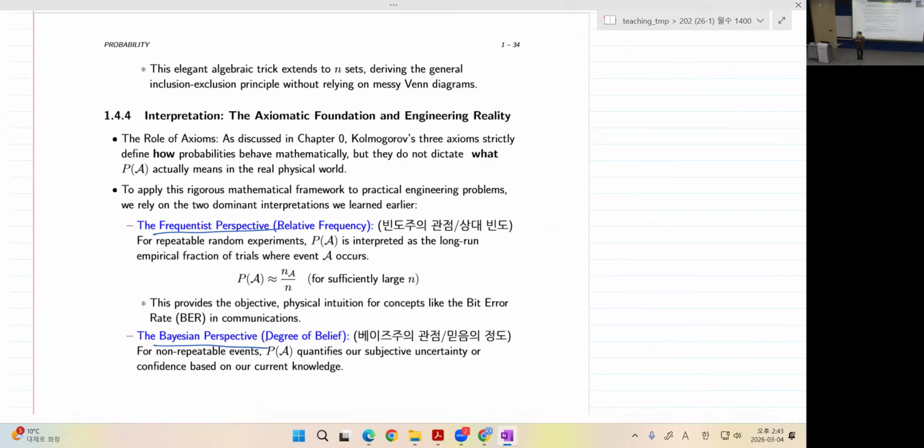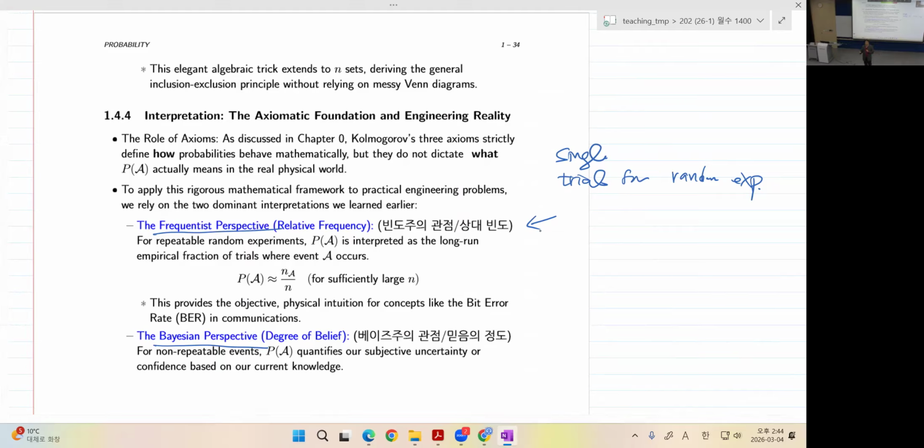And the major difference occurs here. What if you can only have a single trial for your specific random experiment? The trouble for the frequentist is: is it a good idea to talk about probability when you can only try something once? But in the Bayesian perspective, that's okay. Anyway, probability means just a number, ranging from 0 to 1, to reflect your belief.